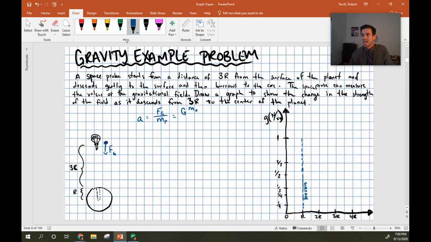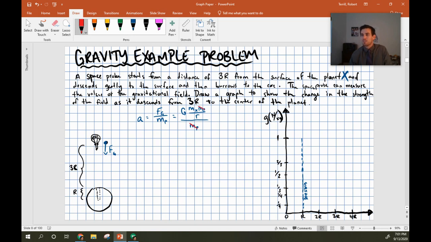So I'll write mass of planet X times the mass of the probe all over the distance between them. Since that distance is changing, I'm not going to put any numbers in there. I'm just going to put in R to hold my place. And that is all divided by the mass of the probe. So you can see force of gravity is right there, mass of the probe is there, but now I have mass of the probe in the numerator and mass of the probe in the denominator, so they can cancel.